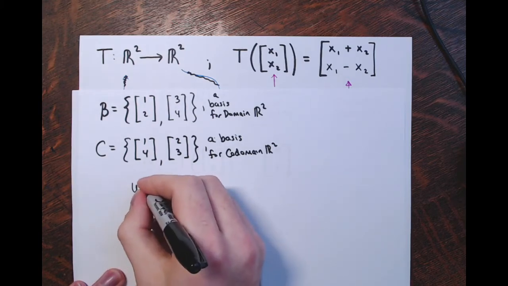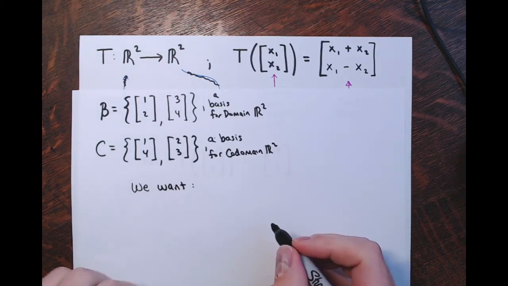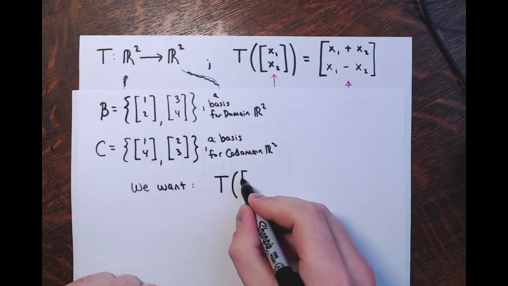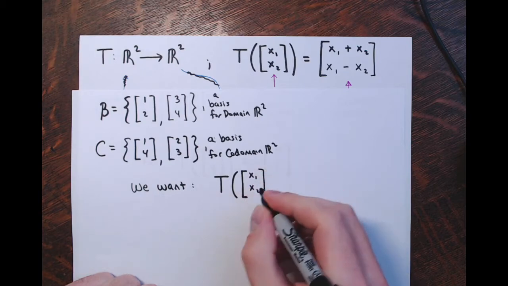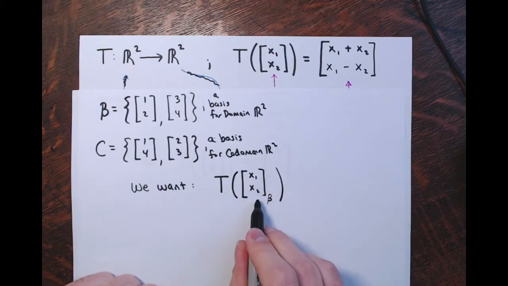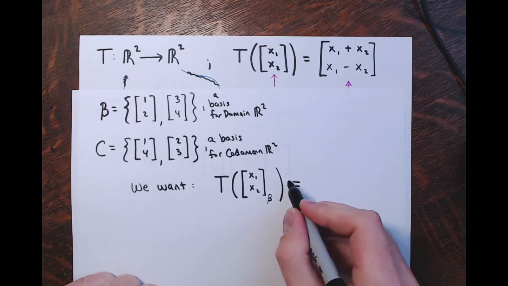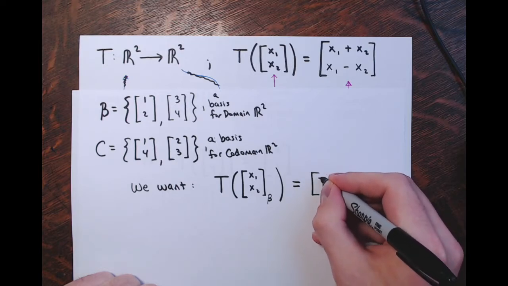We want the following. I want to go T of, and then plug in coordinates. I want to set up a new rule where my input will be coordinates relative to basis B, relative to the domain basis, and have the output be some matrix. This matrix was denoted this way.